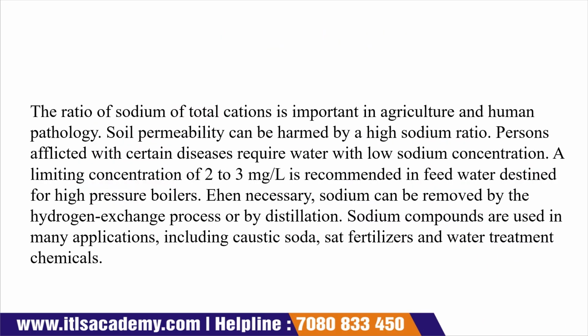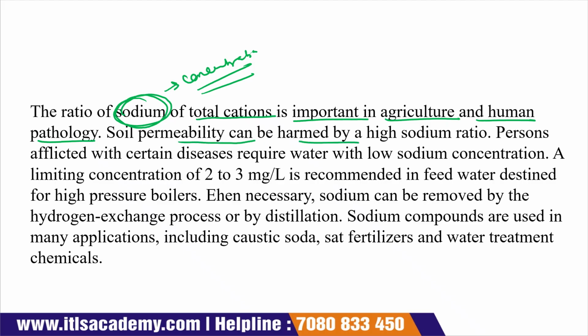Now next, the ratio of sodium to total cations is very important in agriculture and human pathology, as I already told you. Soil and permeability can be harmed by a high sodium ratio.